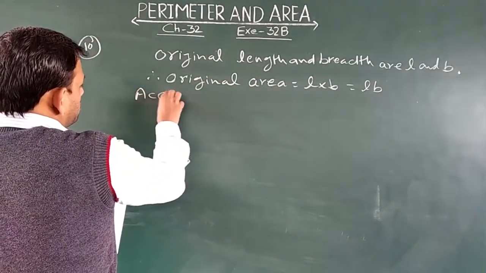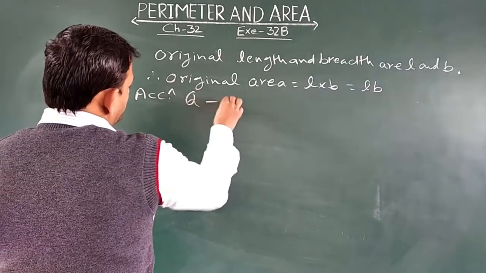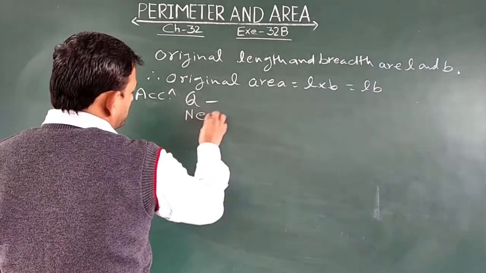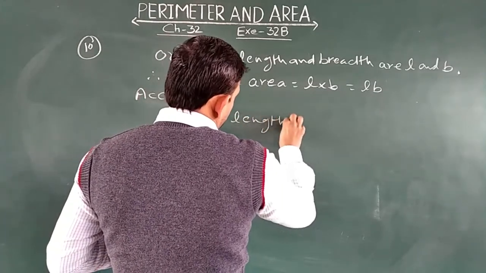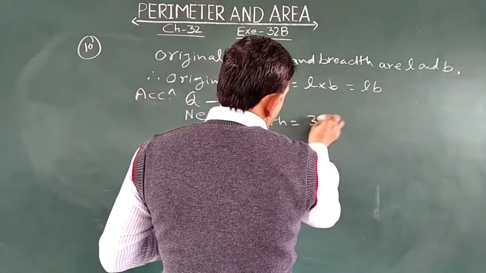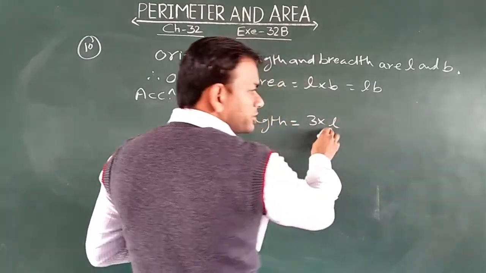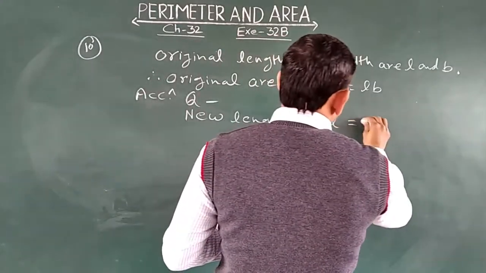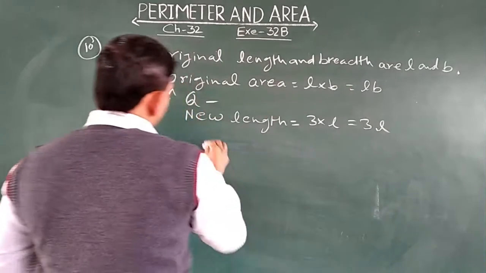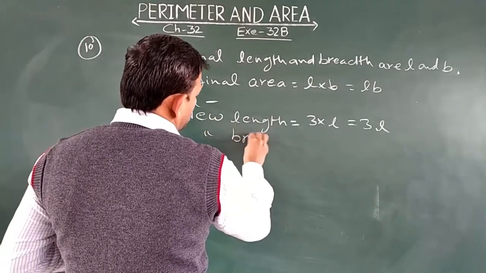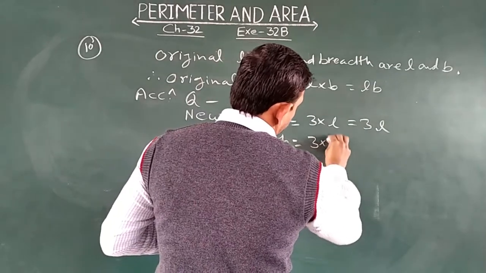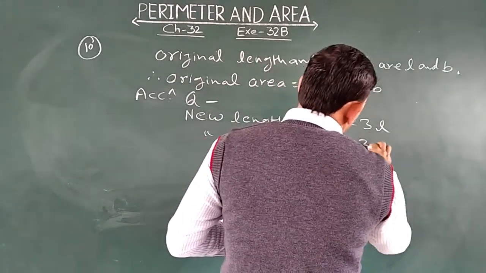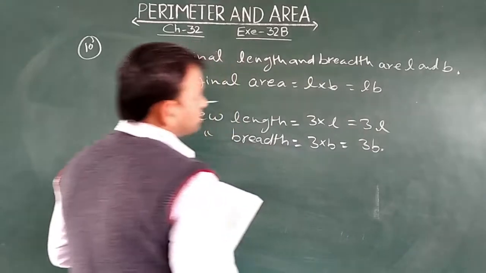So according to the question, new length will be 3 into L, 3 times the original length, it will be 3L, and new breadth will be 3 into B, means 3B.